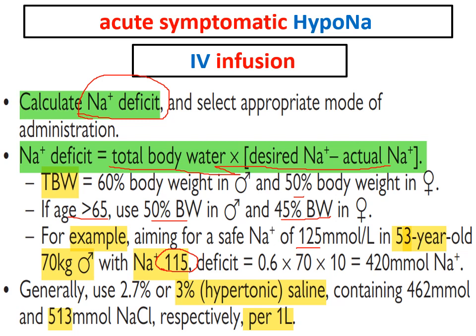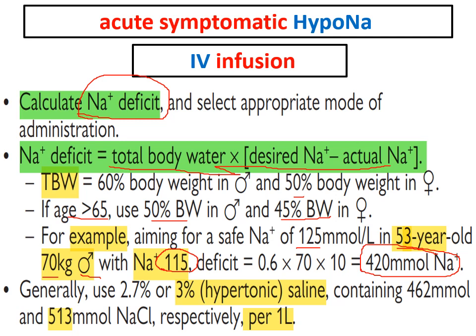Total body water in this patient, who is 53 years old, male, 70 kilograms, is 60% of his body weight, so it is 0.6 times 70 kilos, times 10, the desired minus actual sodium. So the sodium deficit is around 420 millimole of sodium.